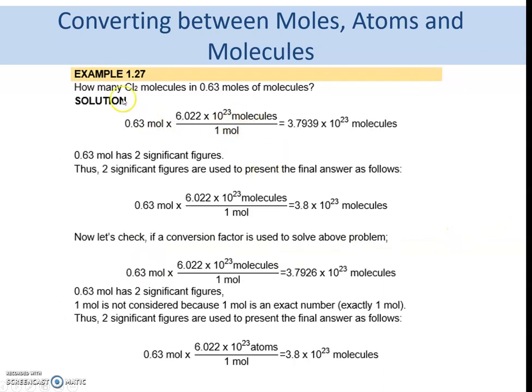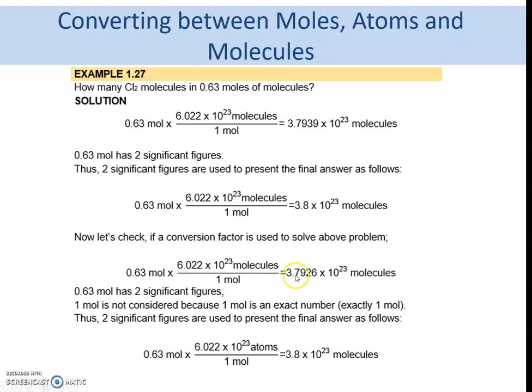So this one, how many chlorine molecules in 0.63 moles of molecules? So this is how you can solve it, like I said before. So let's use this method. It is similar, just like this method, but this one I want to show that 1 mole becomes the denominator because we want to cancel mole with mole.